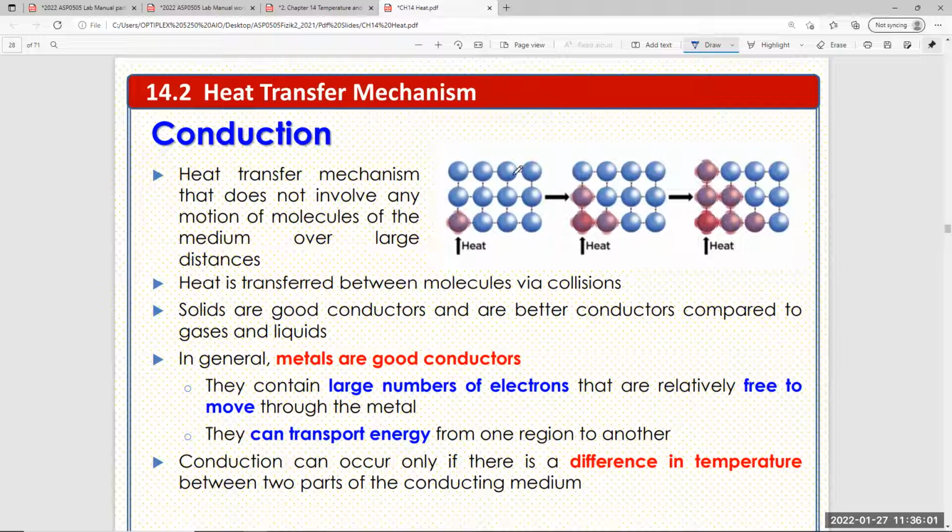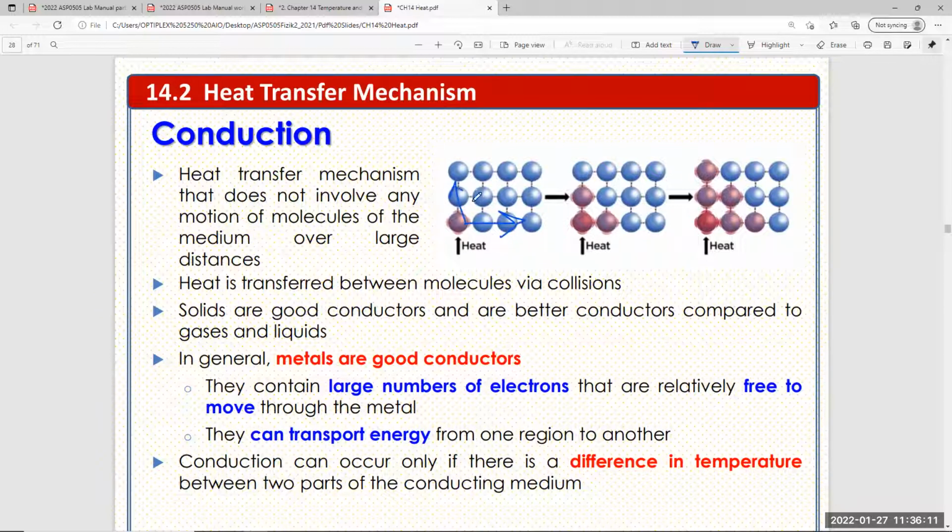Once we apply heat, there will be vibration. Once heat transfers at one point, it will transfer to other molecules in all directions. In our case here, one molecule is heated, then another molecule will be transferred via collision. Sometimes we call it vibration.